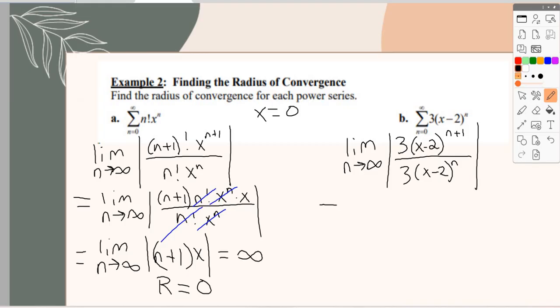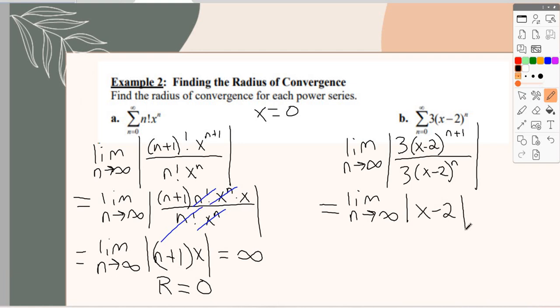So notice that if we reduce that, my 3's are going to reduce. Do you agree with that? And then this would be an x minus 2 to the n times x minus 2, so our x minus 2 to the n will also reduce. So I get the absolute value of x minus 2.